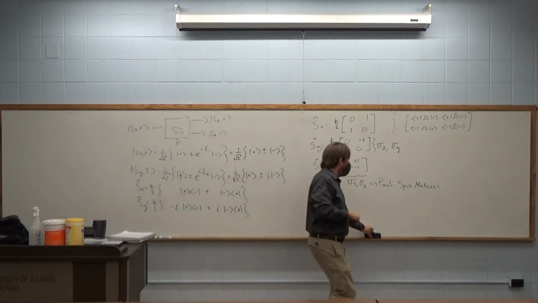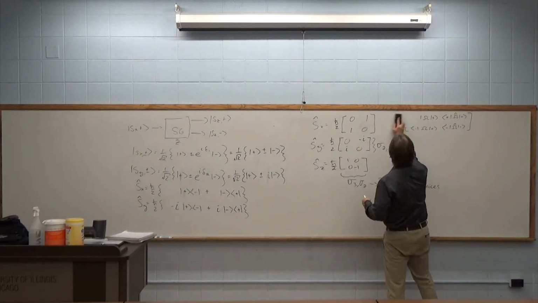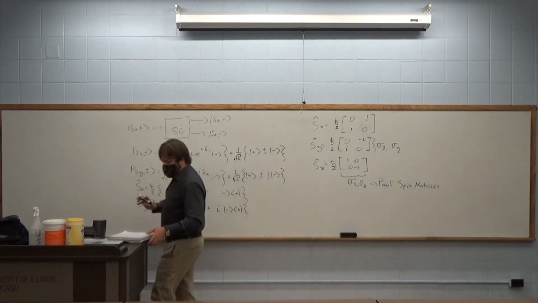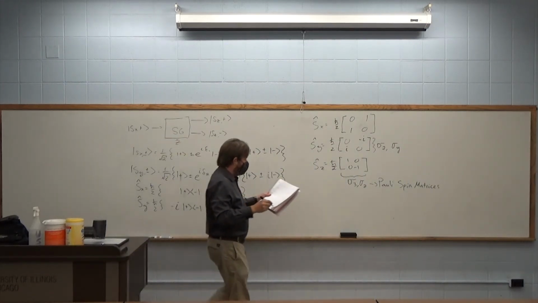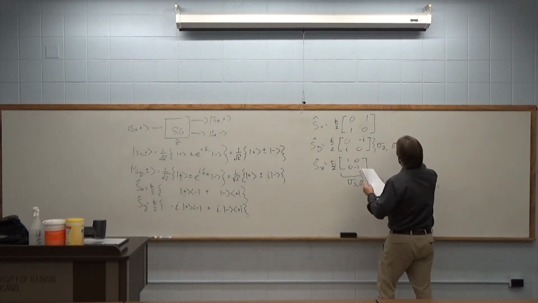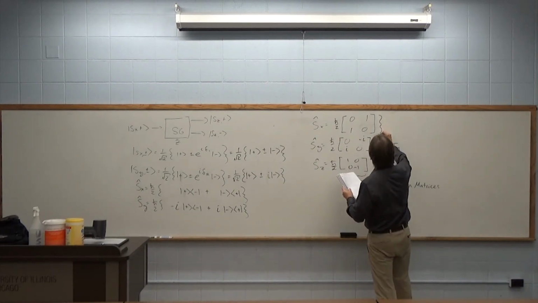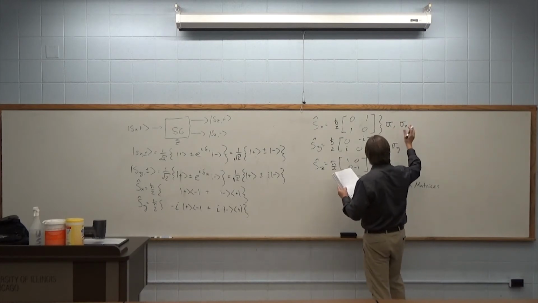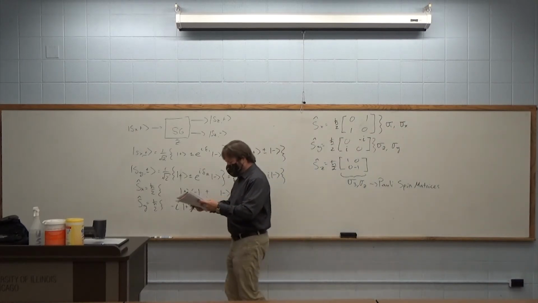The reason it's stupid is that the Pauli spin matrices just don't have H bar over 2 in front of them. So this is really kind of dumb. But I have to show you this stuff. It's also part of the homework. Anyway, those are the words for this.